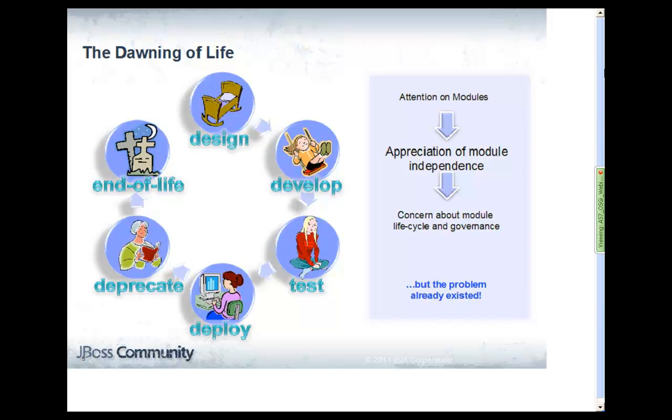OSGi is now on the rise, being applied in very different areas, and I might talk a little bit about those areas as well. But even when OSGi goes away, the problems associated with modularity and module lifecycle won't go away. These are as old as the industry itself.